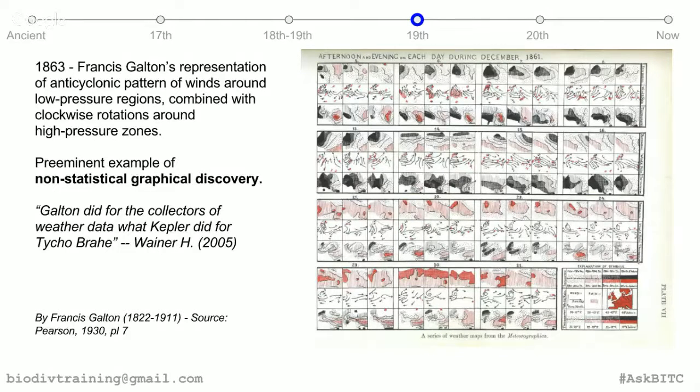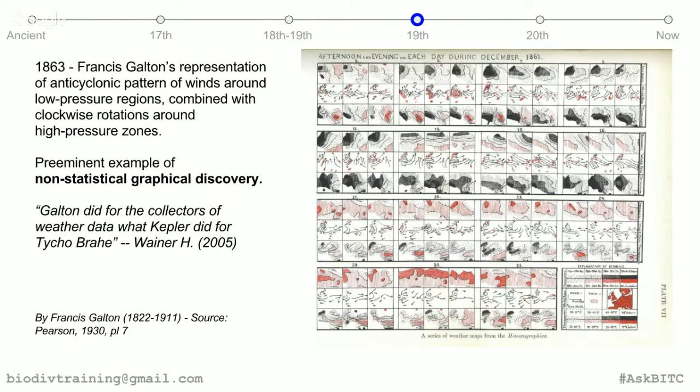In this mega plot here, which is actually only a portion of the huge plot, we can see the atmospheric features of each day during the month of December 1861, which are the barometric pressure, the wind direction, and rain and temperature in different horizontal lines for the morning, afternoon, and evening of each day of December in columns.